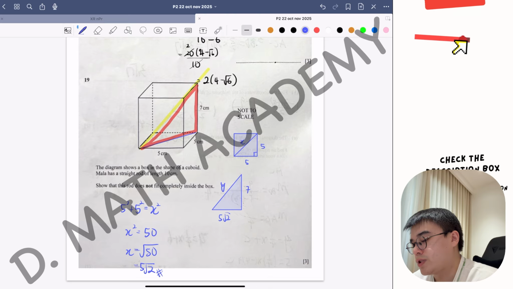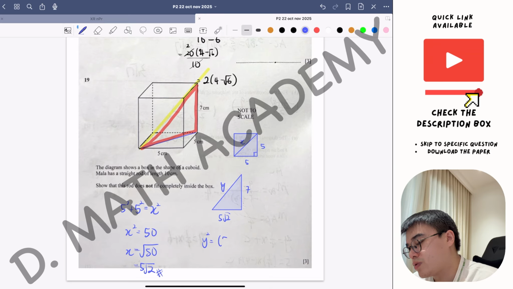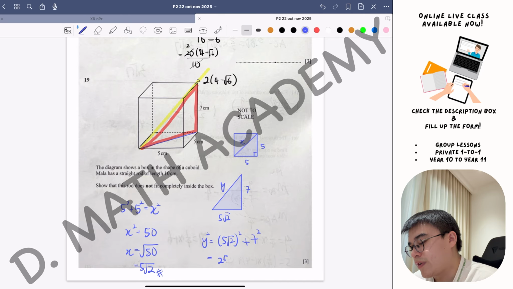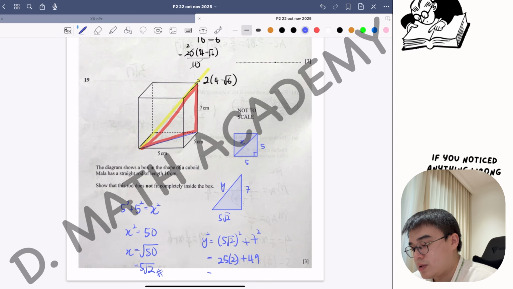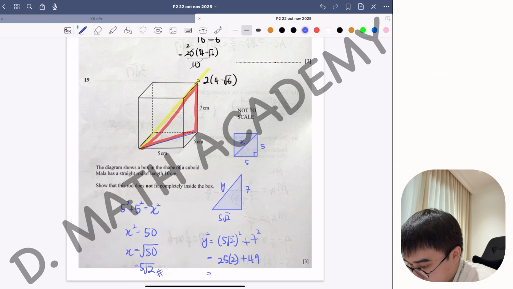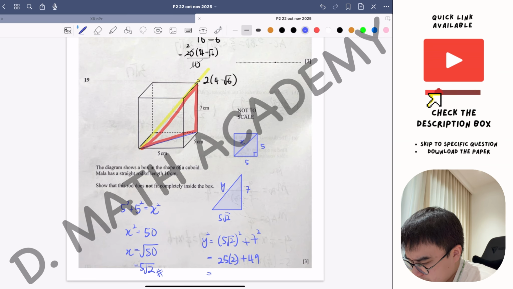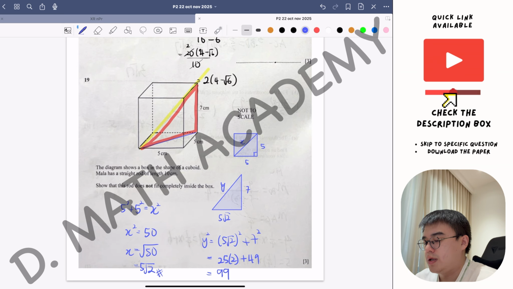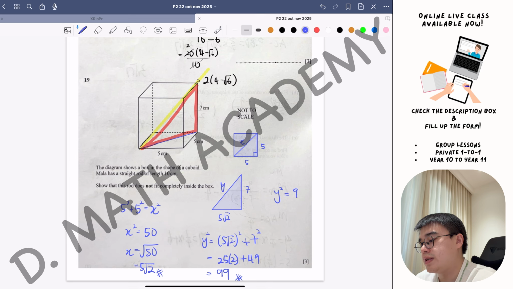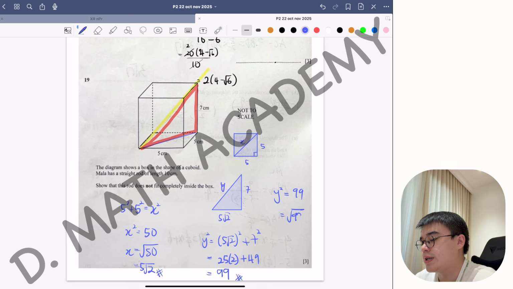So your y square equals to 5 square root 2 square plus 7 square. You have to work it out. 25 times 2. You will get something like 99. So this is a reminder to us that y square is 99 and it will be square root 99.